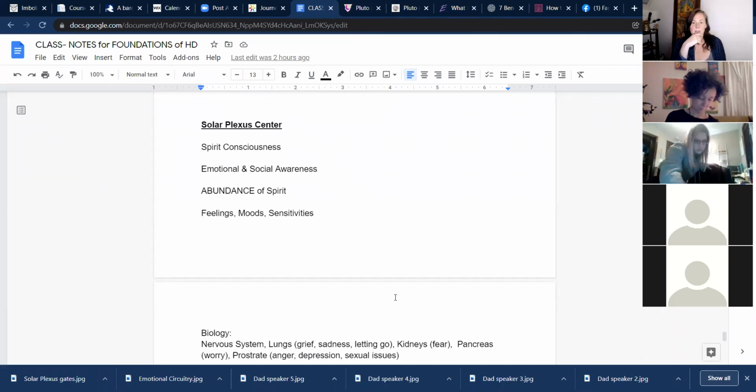And it is an awareness center. We went over the other awareness centers, which the spleen is an awareness center and the ajna is an awareness center. And the solar plexus is the third awareness center.